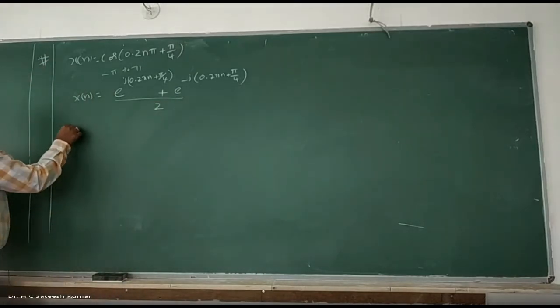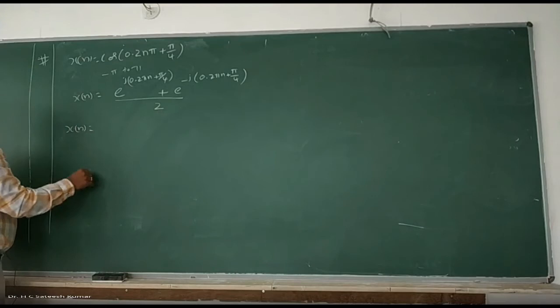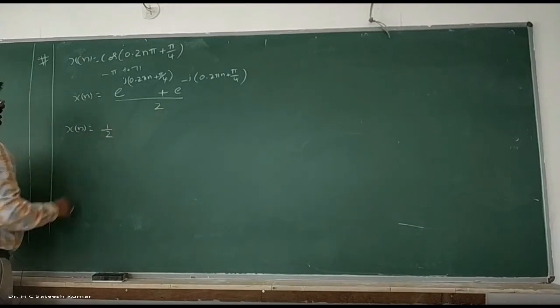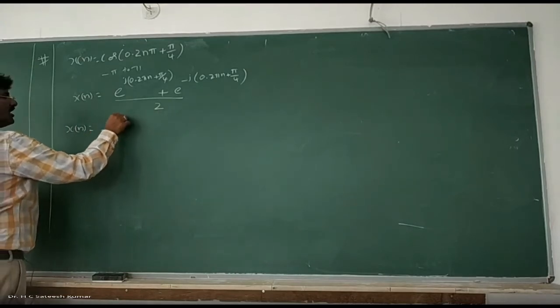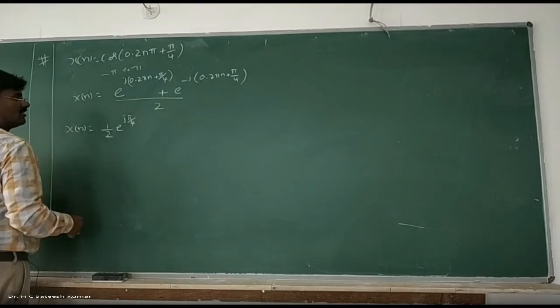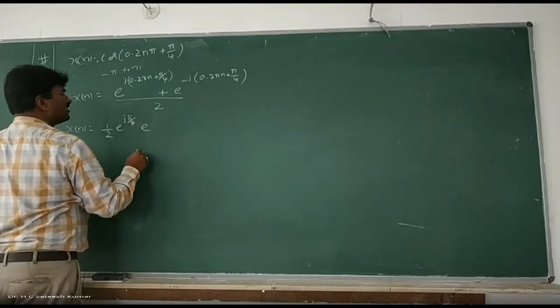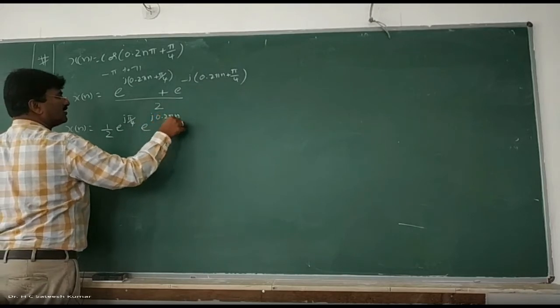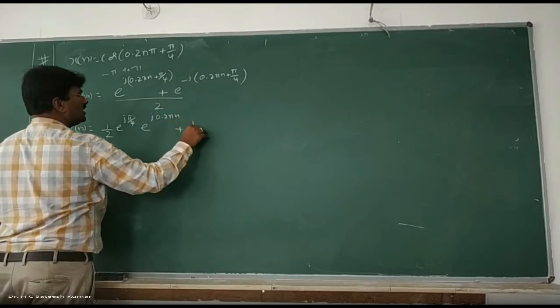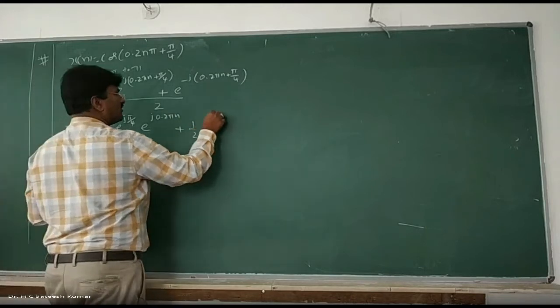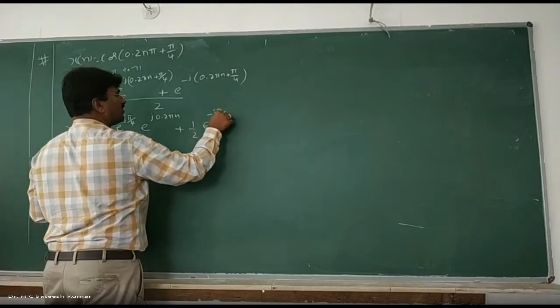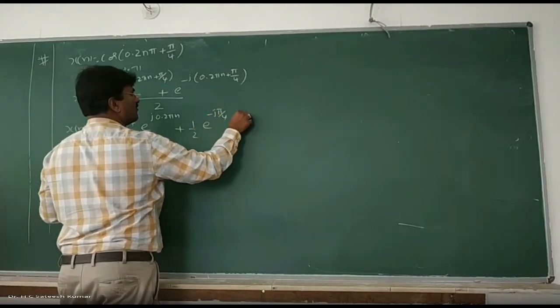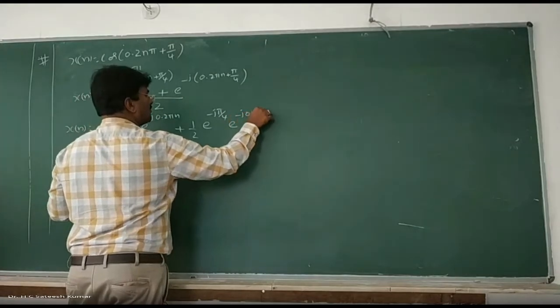Take 1 by 2 outside, and e to the power of j pi by 4 is also constant. We are left with 1 by 2 into e to the power of j pi by 4 into e to the power of j 0.2 pi n plus 1 by 2 into e to the power of minus j pi by 4 into e to the power of minus j 0.2 pi n.